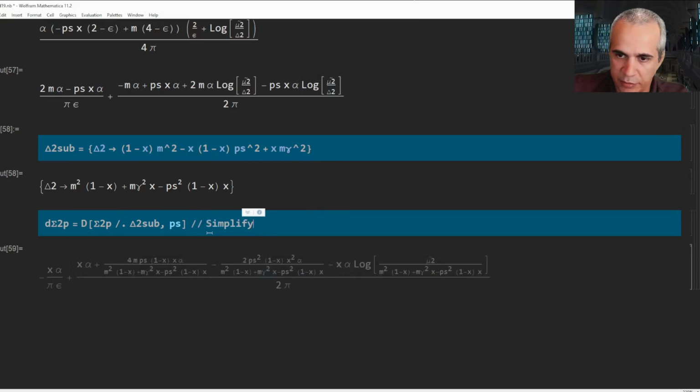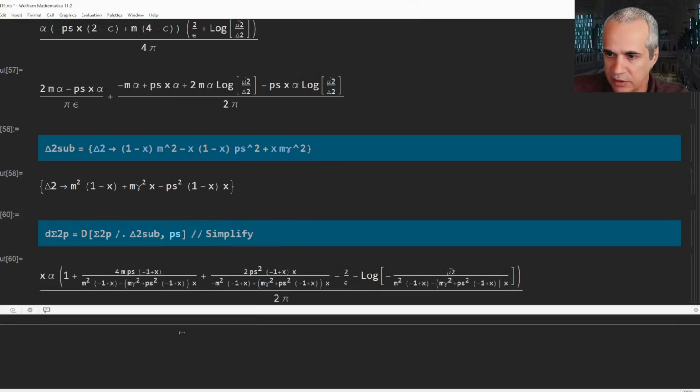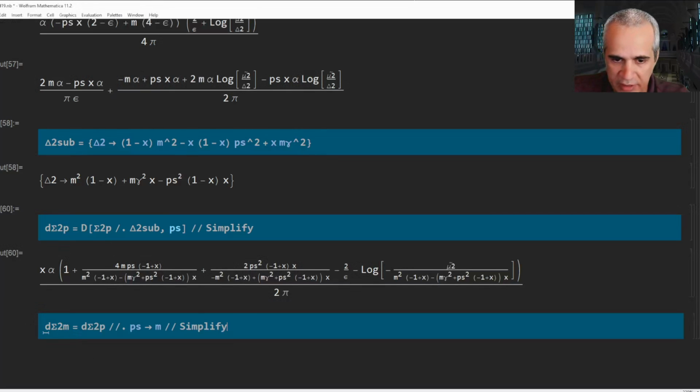I can simplify it a little bit, maybe. And that's how it looks, right? It's not very useful like that, but that's it. And I also need d sigma 2 of m, the same expression, but I substitute p slash for m everywhere, because remember, delta 2 is equal to this derivative at this point.